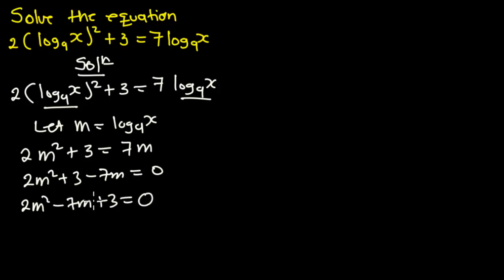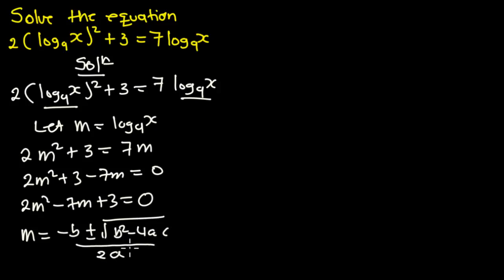Now to solve for m over here, we are going to use the quadratic formula, which is given by m is equal to negative b plus or minus the square root of b squared minus 4ac all over 2a. Now from here, we are going to compare this equation with the general quadratic equation, which is given by ax squared plus bx plus c is equal to 0.